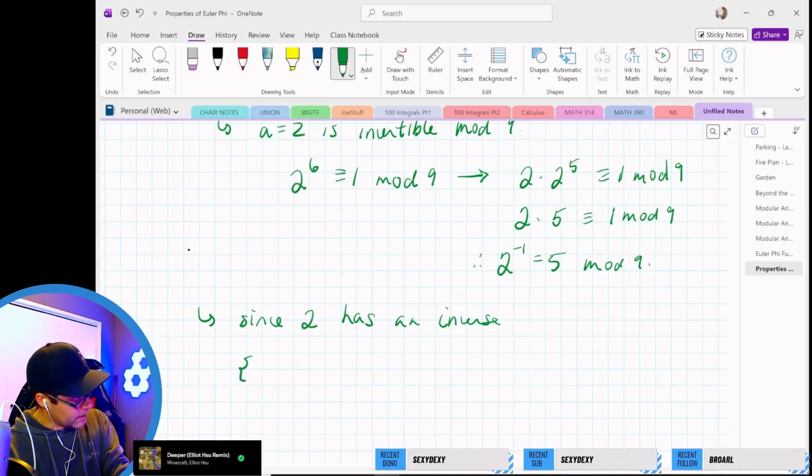We should be able to look at this set. So let's take our original set and multiply everything by 2.